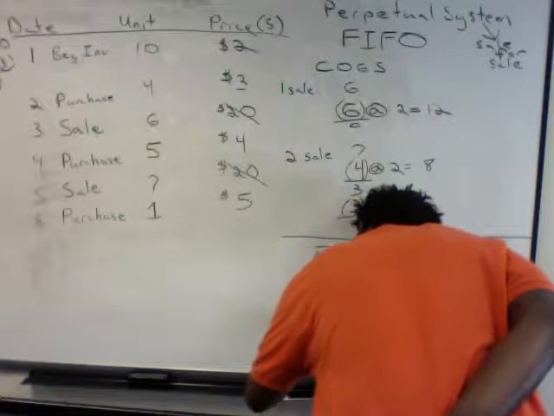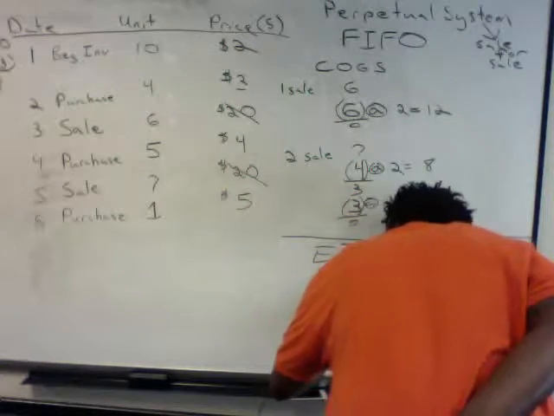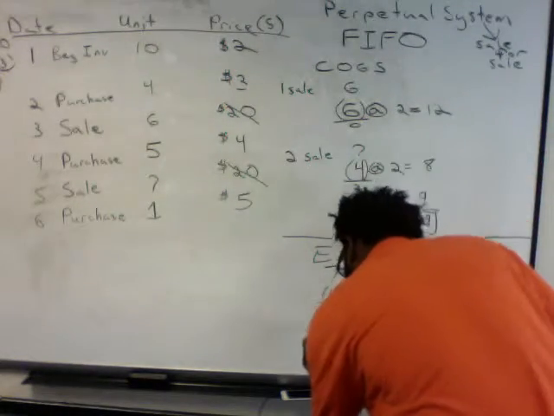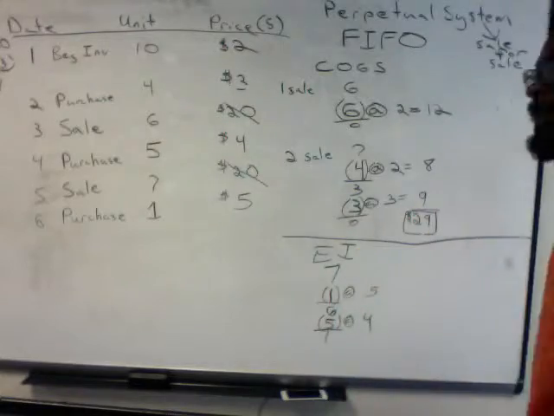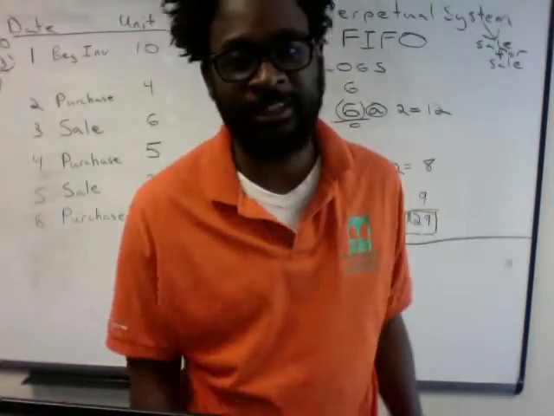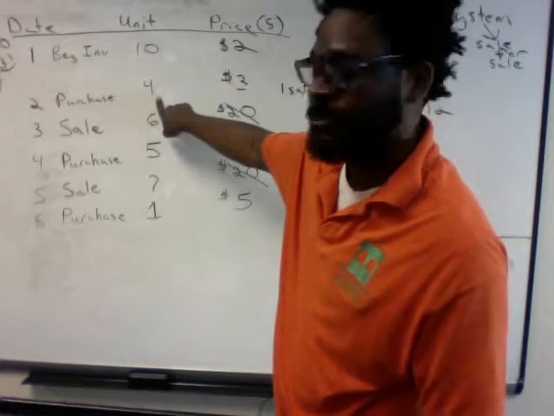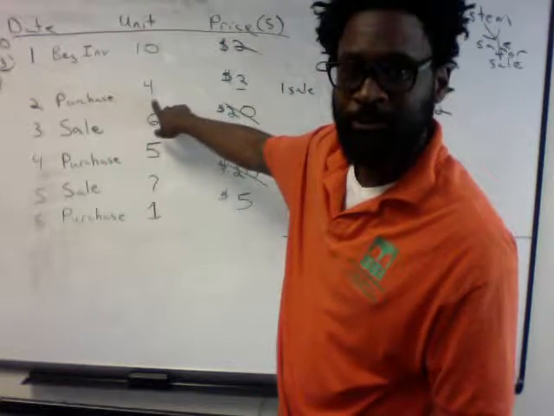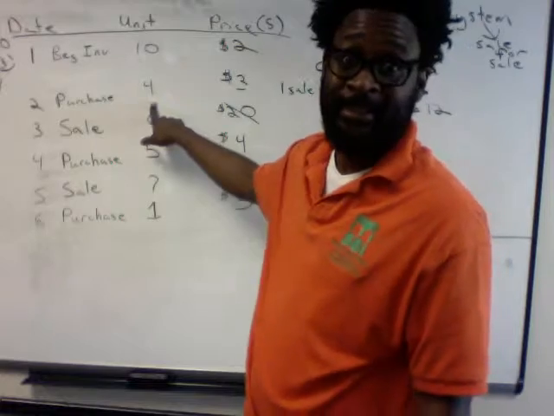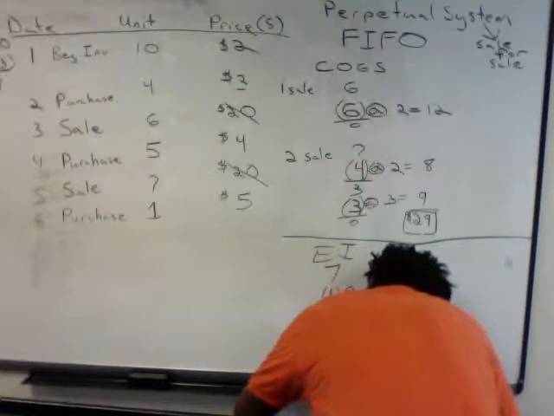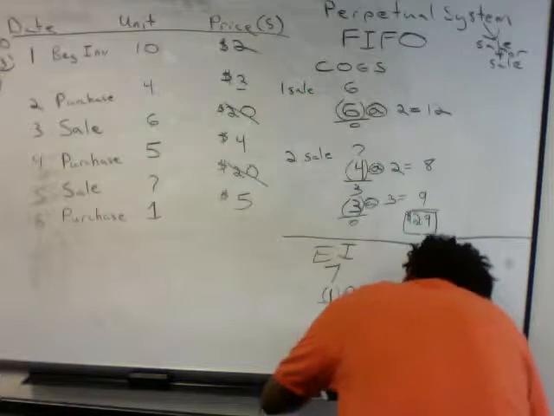So all 5 of those are still there at $4. Now we're looking for one more. And for those who are paying close attention, where's the one more? It's the one left in this purchase. We sold 3 of those. So we have 1 left in ending inventory at $3. So that 1 is going to be left at $3.